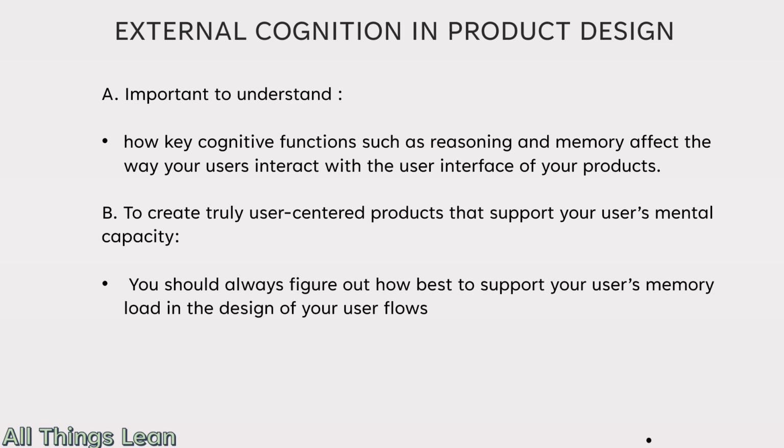If you want to create truly user-centered products that support your users' mental capability, you should always figure out how best to support your users' memory load in the design of your user flows.